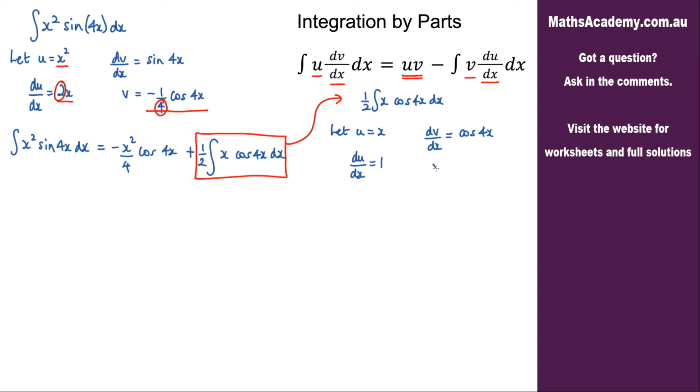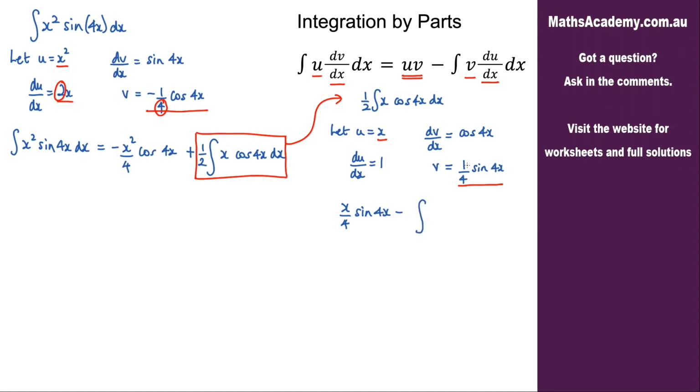Integrating here, v will be equal to 1 quarter sine of 4x. So now we can use integration by parts formula, and we get u multiplied by v. So we get x over 4 sine of 4x minus the integral of v du dx.